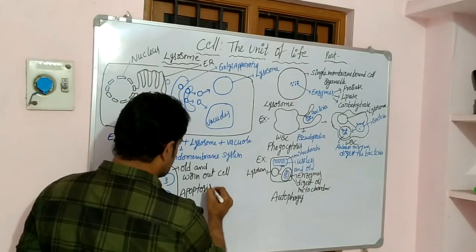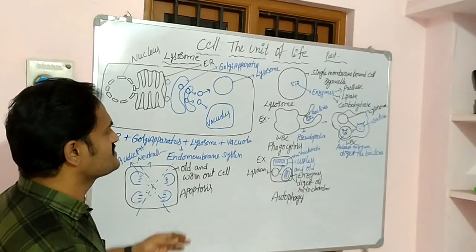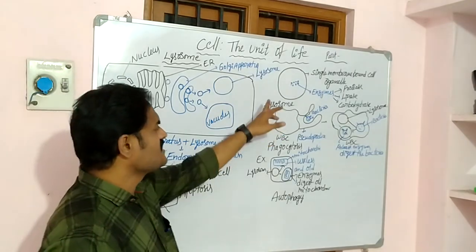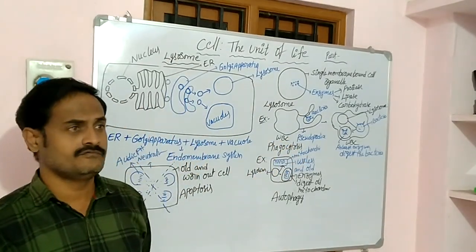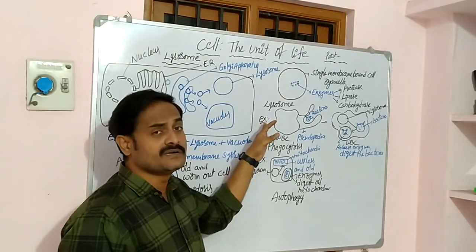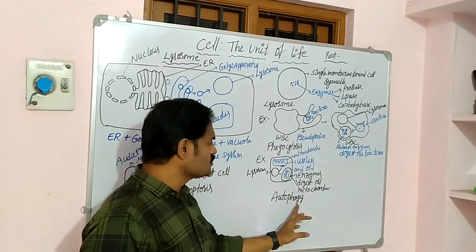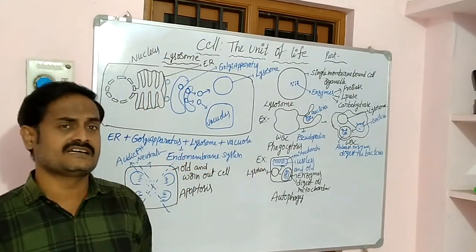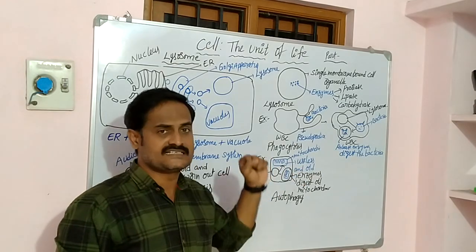Apoptosis. So here, three functions of lysosomes, three examples, are given. One is called what? Phagocytosis, which occurs in WBC. The second one is autophagy, which occurs in old and useless cell organelles.